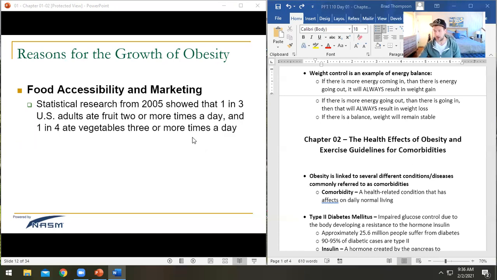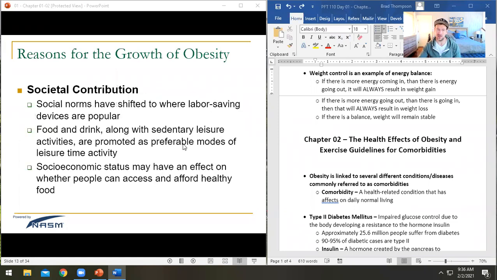What about our food? We know that we need B vitamins to assist in metabolism. We know that we need micronutrients to repair the body. We need all these things in order to keep us physically active. Vitamins and minerals, guys, they have no calories. They have no energy to give, but they allow your body to unlock calories and use them in the way that our body is supposed to.